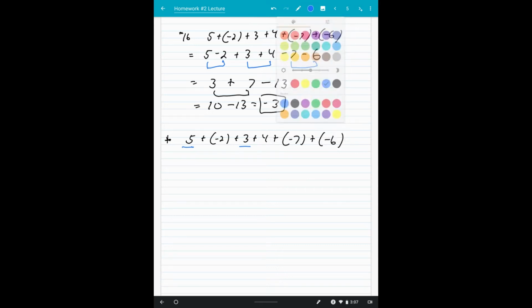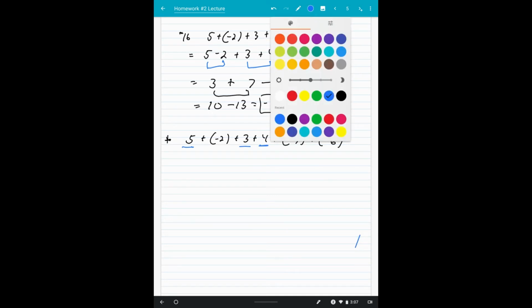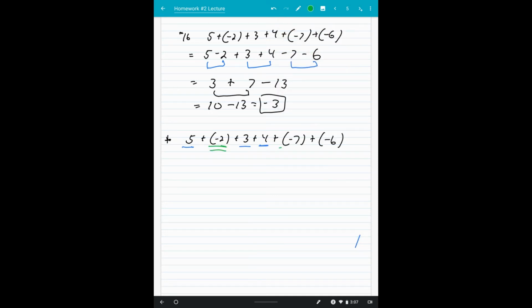They might look at all of the positive numbers and then look at all the negative numbers and add all of those up separately. So 5 plus 3 plus 4, add up all the positive numbers. That gives you a total of 12. Add up all the negative numbers. Negative 2 plus negative 7 makes negative 9.